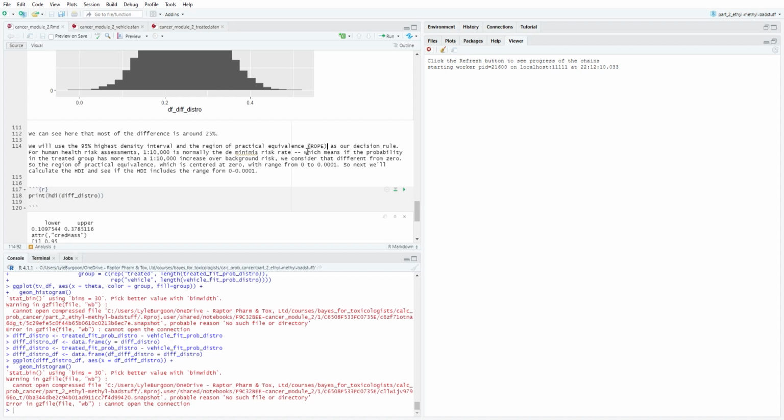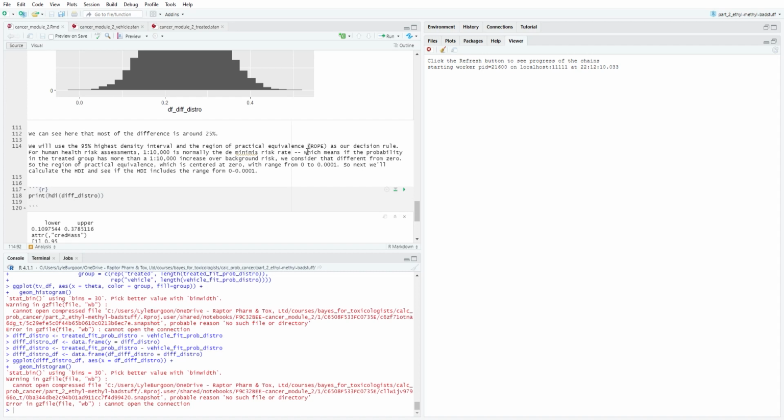Got it? So for human health risk assessments, it is very common to set a de minimis risk rate of 1 in 10,000, which means that if the treated group has more than a 1 in 10,000 increase over background risk, we consider that different from 0.